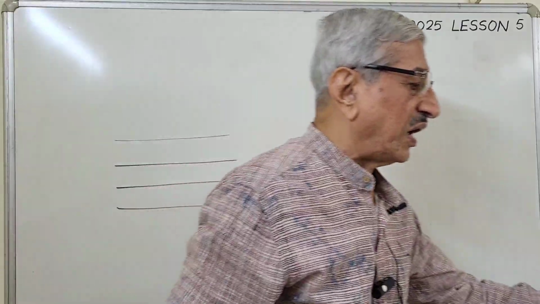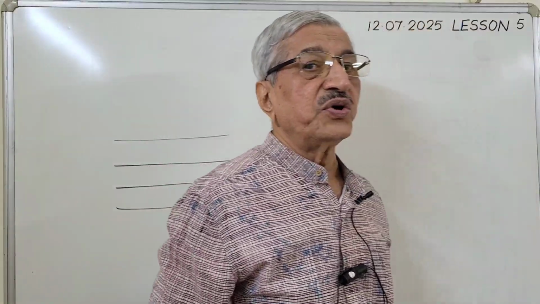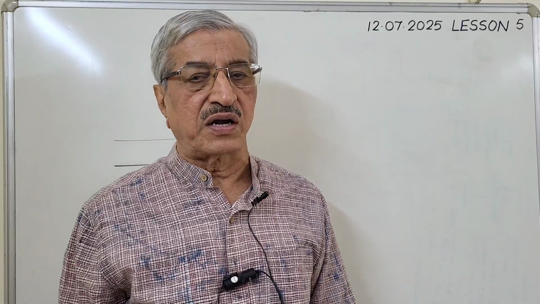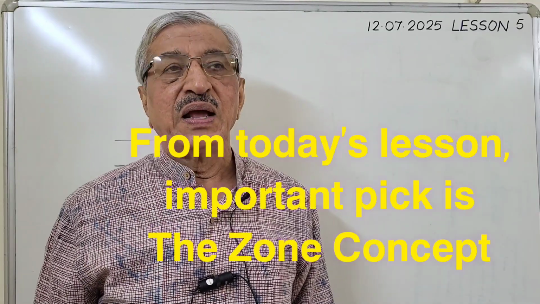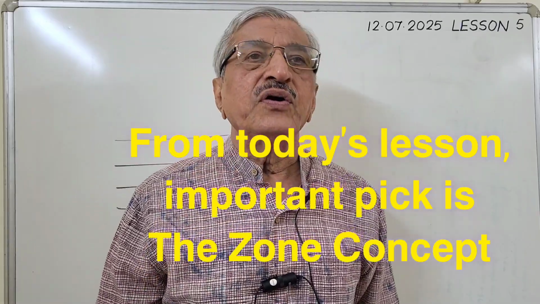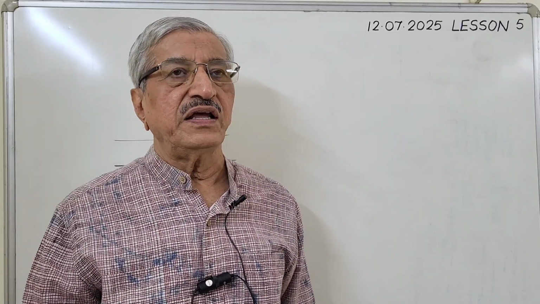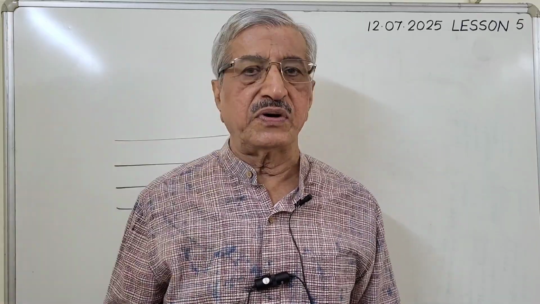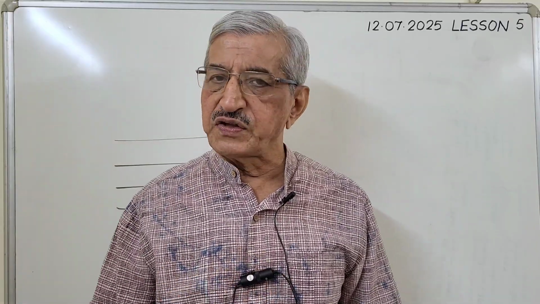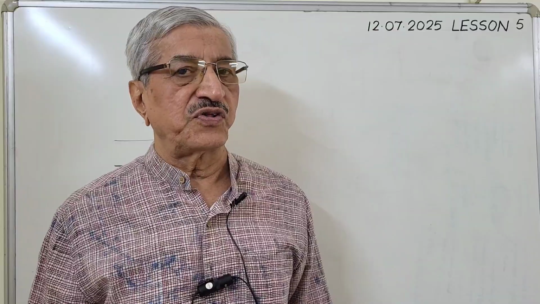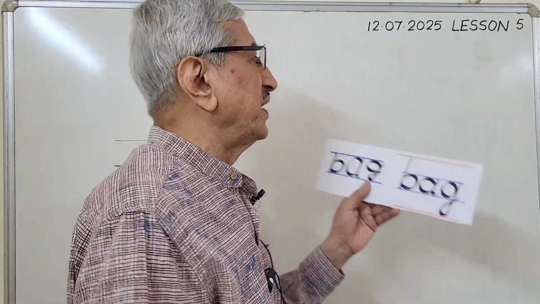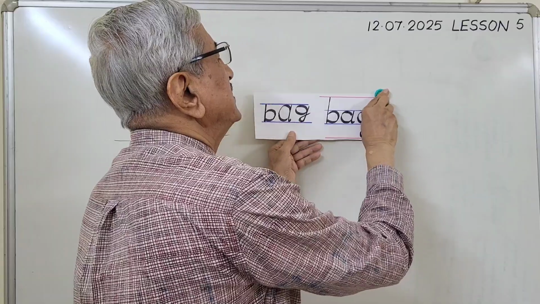Now, all these days, did you know why we write English copywriting in a 4 lines copybook or not? I don't know. But writing English particularly in a 4 lines copybook is to have the zone concept. What is ground zone? What is underground zone? What is first floor zone? If you don't get the zone concept, then your handwriting becomes like this.